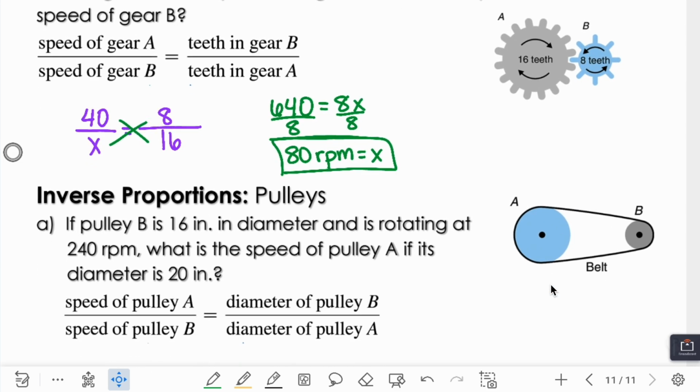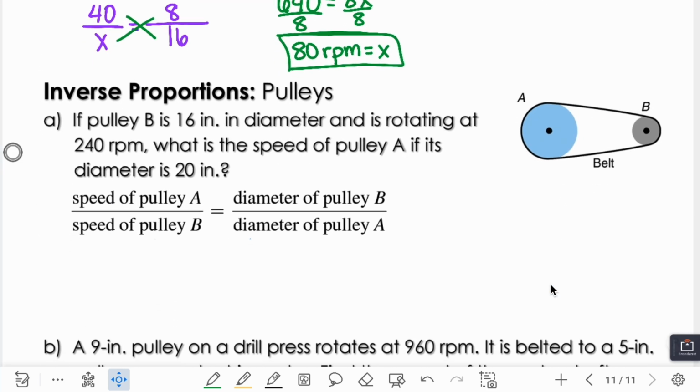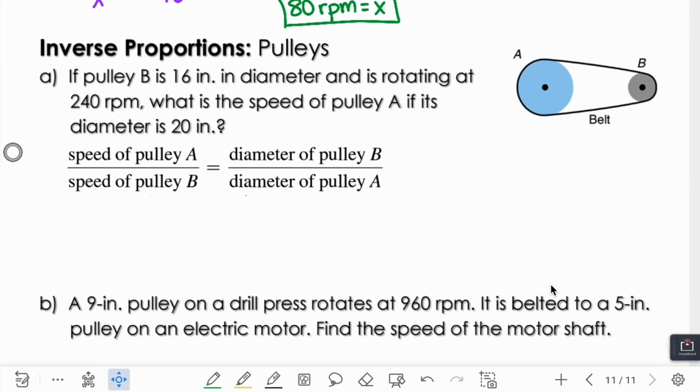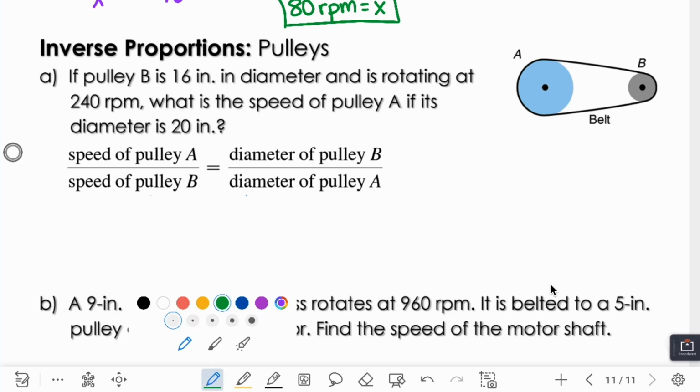Okay. And on our next one, we have a pulley problem. So we take the speed of pulley A over the speed of pulley B, and that's equal to the diameter of pulley B over the diameter of pulley A. So we've got a picture here of your pulleys, like with a belt. And it says if pulley B is 16 inches in diameter and is rotating at 240 RPMs, what is the speed of pulley A if its diameter is 20 inches?